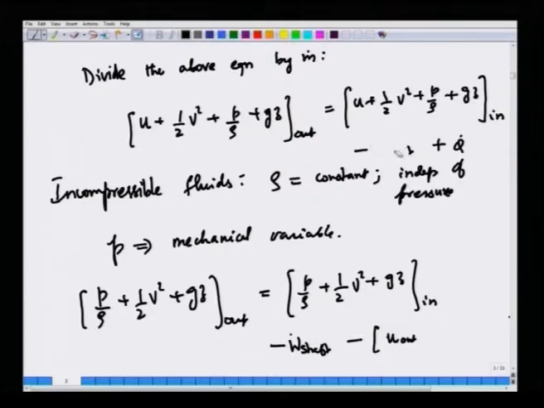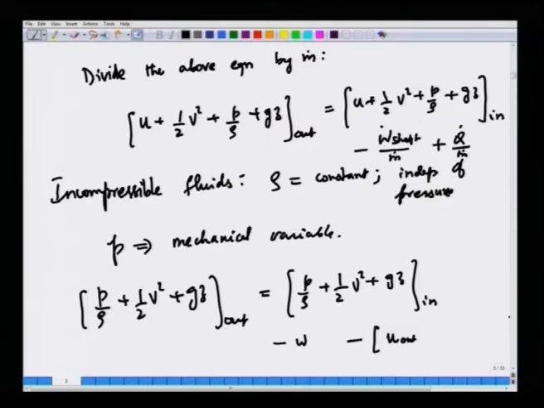So, you will get W dot shaft by m dot, Q dot by m dot. Now, W dot shaft by m dot is nothing but small w, the work done by the CV per unit mass of the fluid. There is no rate because you are dividing one rate with another. The two rates cancel out to give the rate at which work is done by the CV on the surroundings per unit mass of the fluid.